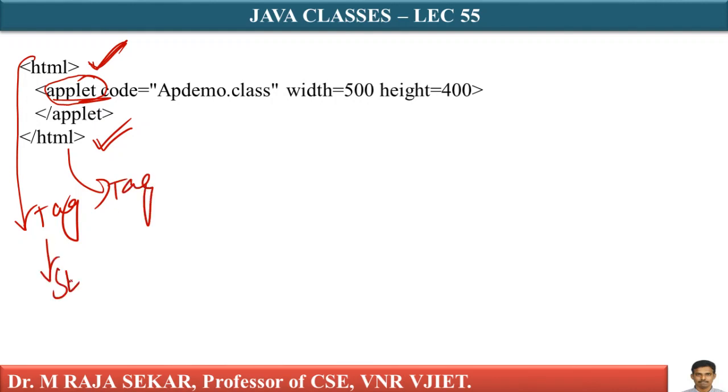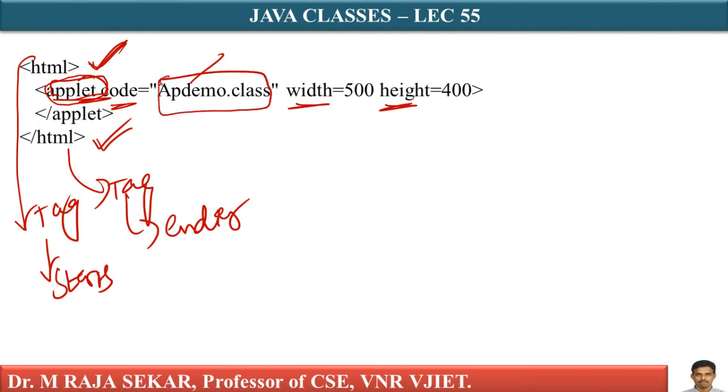This starts, this is the ending tag. Applet is a tag where I have code, width and height. These are the attributes. Code means what is my program name? Appdemo.java. Here I must keep appdemo.class within double quotes.